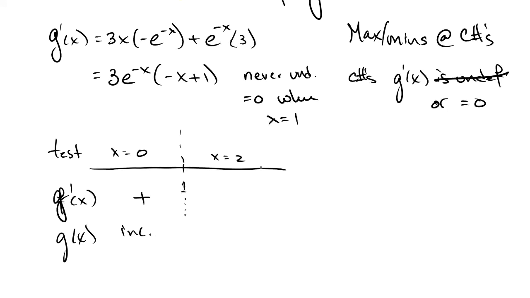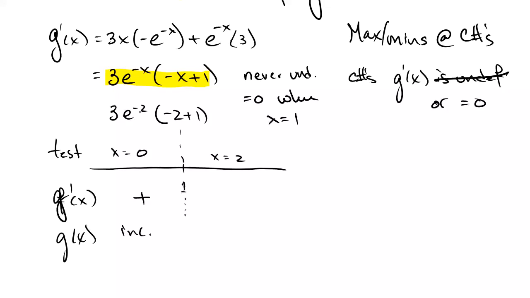On the other side, if we evaluate g prime of x at 2, I get 3 e to the negative 2 times negative 2 plus 1.